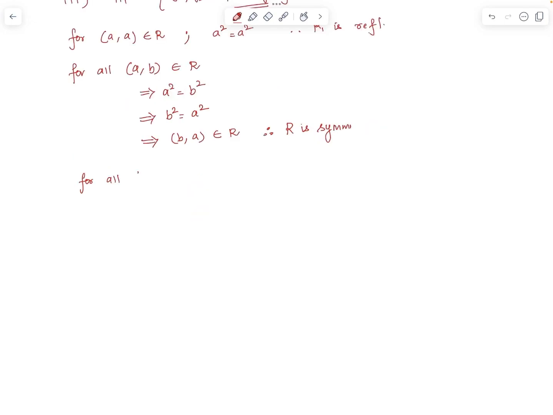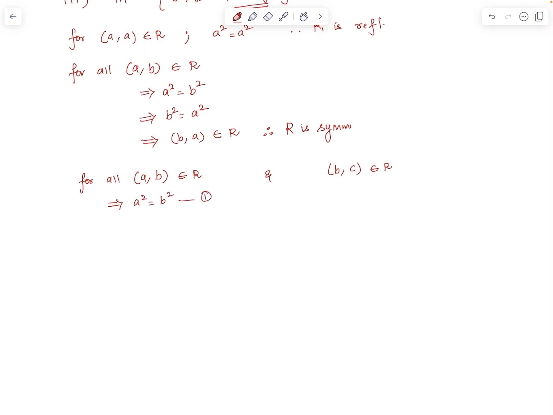For all (A, B) in R and (B, C) in R, the meaning of saying (A, B) in R is A squared is equal to B squared.